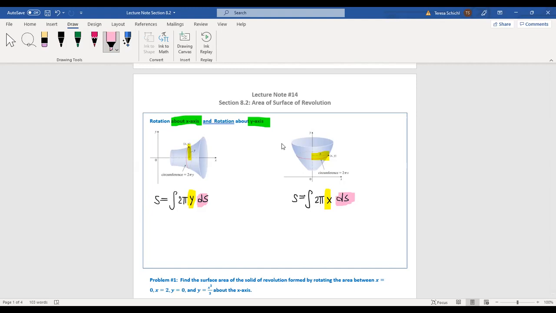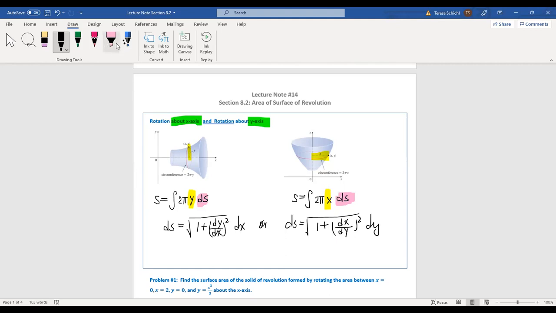So for the ds, you can use the ds like we talked about before. The ds depends on whether you write the function as y equals a function of x or x equals a function of y. So the ds can be the square root of 1 plus dy/dx squared, times dx, or you can use ds equals the square root of 1 plus dx/dy squared, times dy.